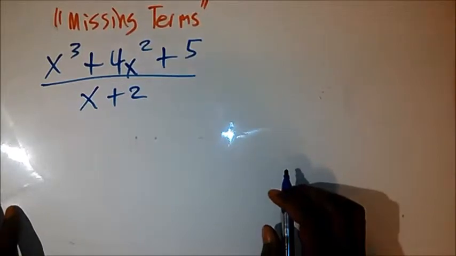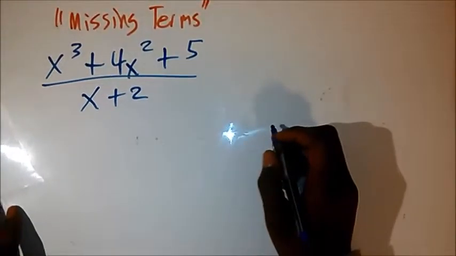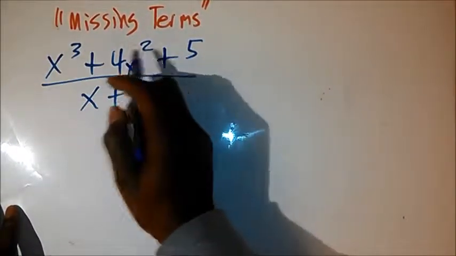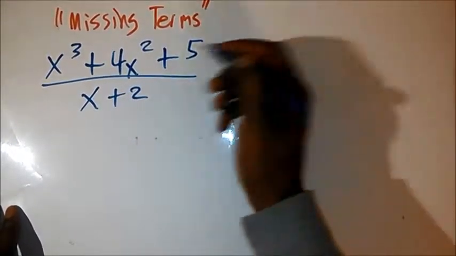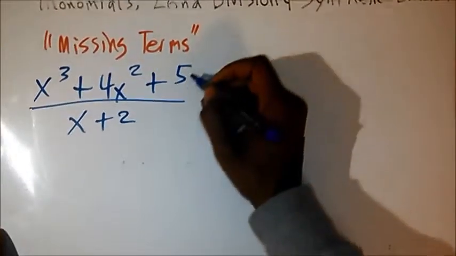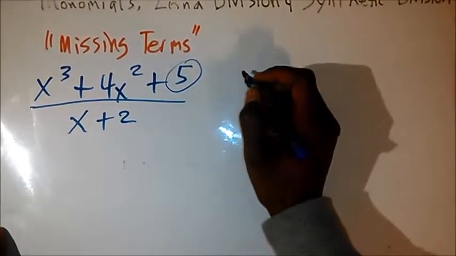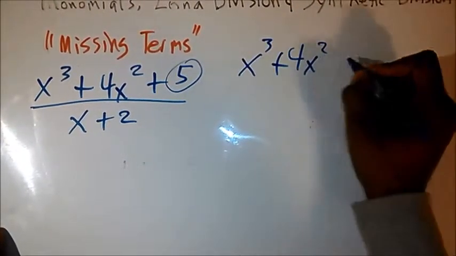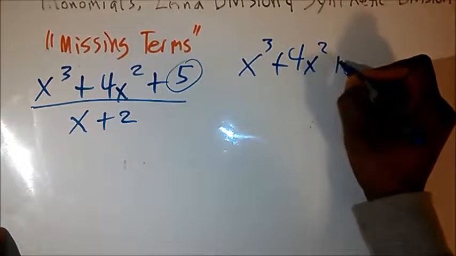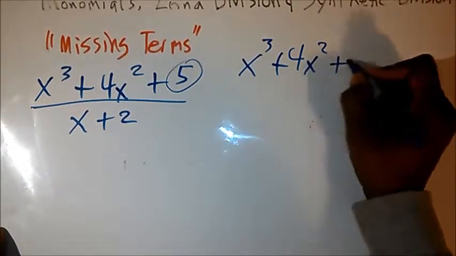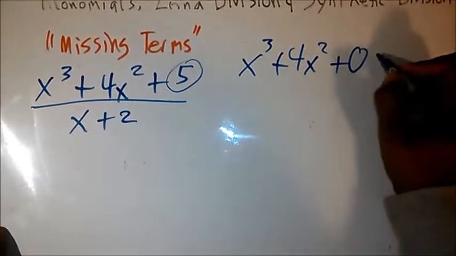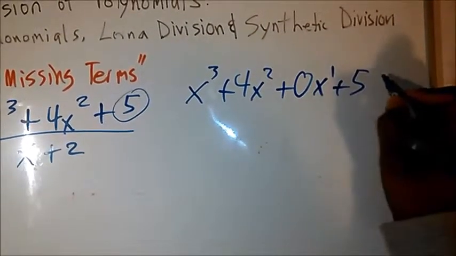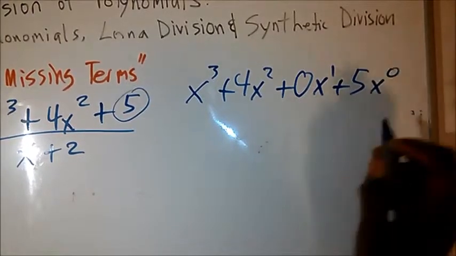Now, are we missing terms? Yes, we're missing x to the first power. And it's already arranged in order of descending powers: 3, 2, we're just missing 1, and then 0. Another thing I want to say about this constant here is that what's going on is really x to the third power plus 4x squared, plus, let's put our placeholder in, 0x to the first power, plus 5 times x to the 0 power.